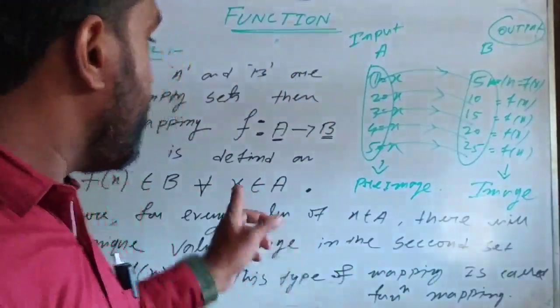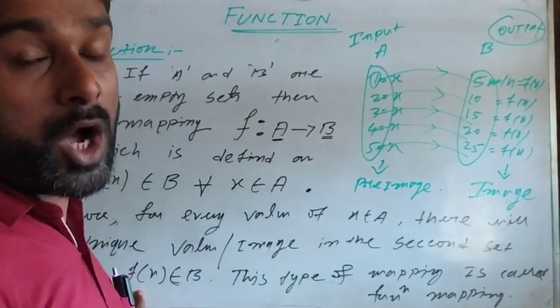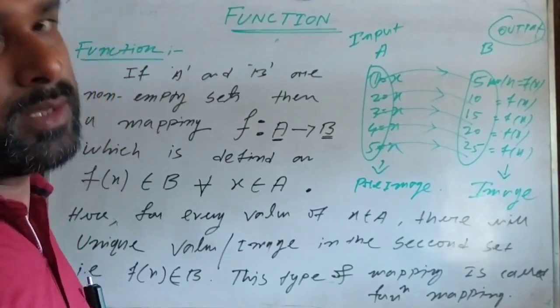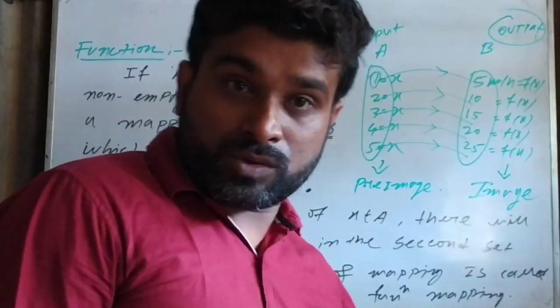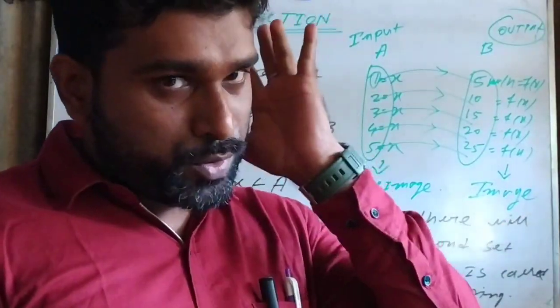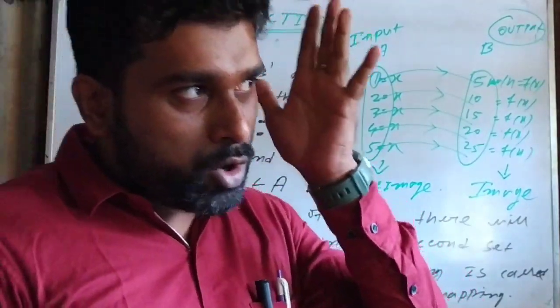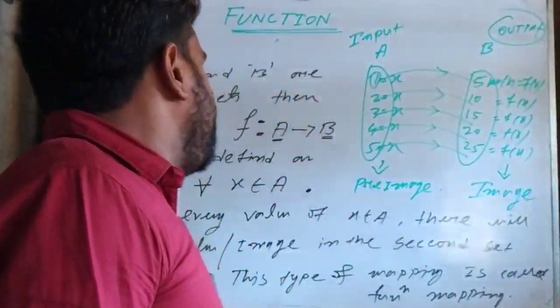So x is the input value, fx is the output value, and this output value can be explained as the image as well. When the word image is used, just remember it as output. If you are getting an output, there must be some input also. So this is your function mapping.